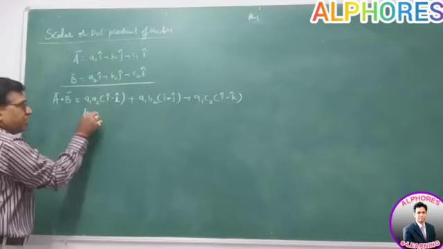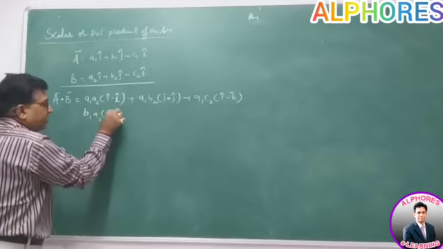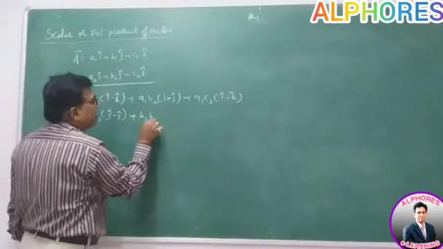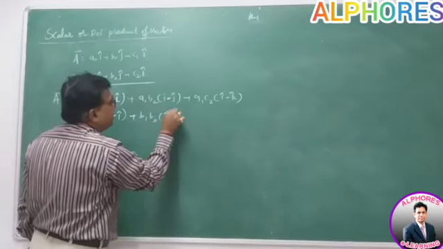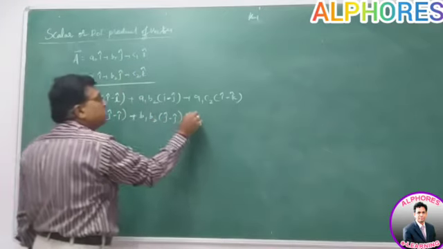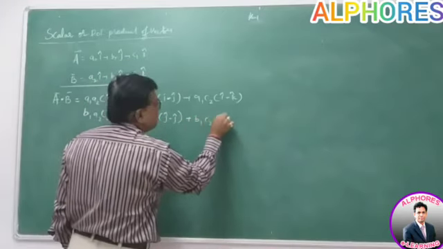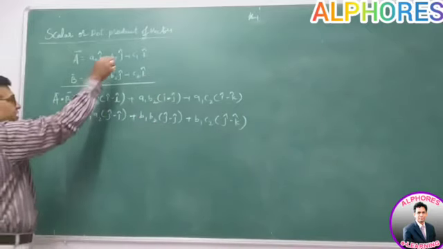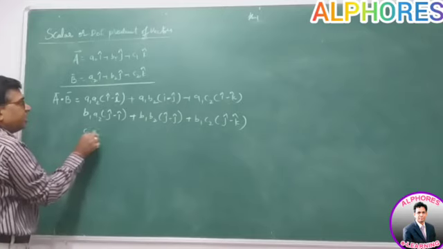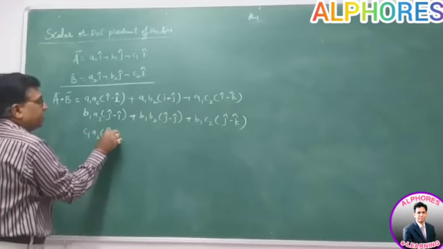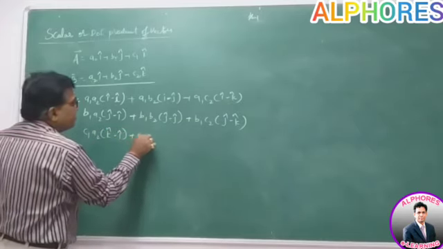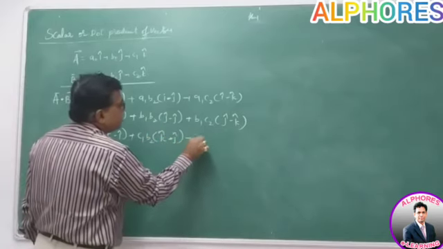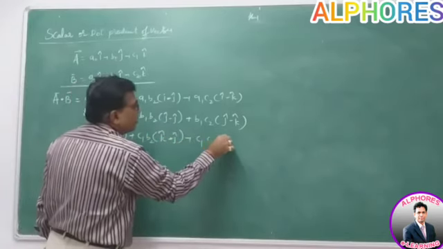So it's B1 A2 times j dot I plus B1 B2 times j dot j plus B1 C2 times j dot k. Similarly, the third term: C1 A2 times k dot I plus C1 B2 times k dot j plus C1 C2 times k dot k.